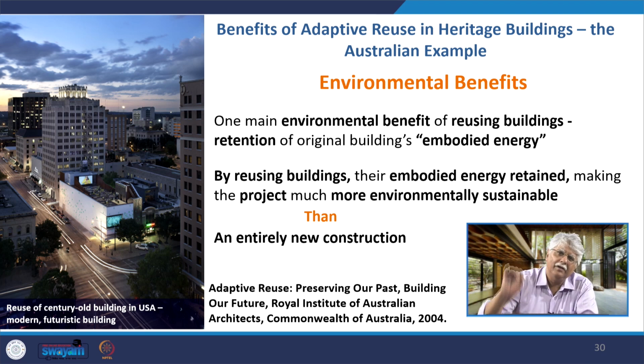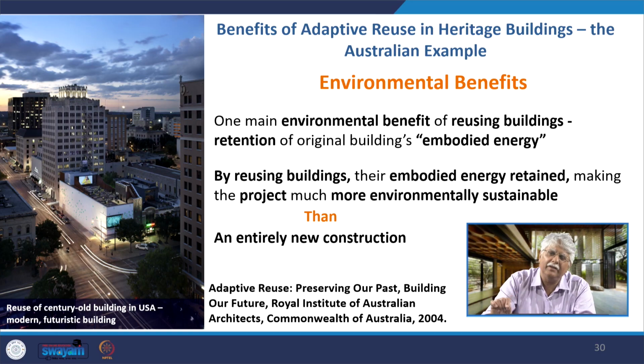Very simple. If we reuse the building, we don't have to add a lot of new materials again. The old building materials are getting reused, old structure is getting reused. That embodied energy has already been accounted for in the old project. So logically in the new project, that much embodied energy or carbon content is zero.